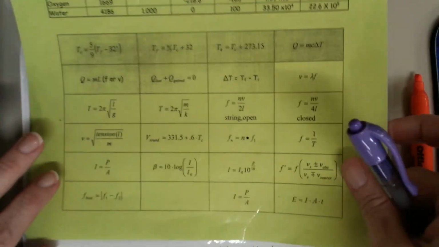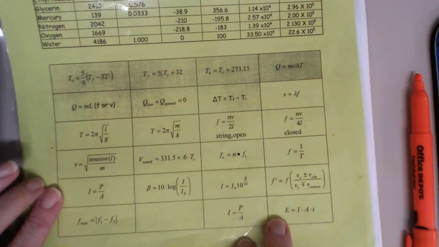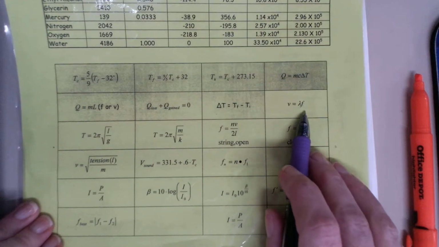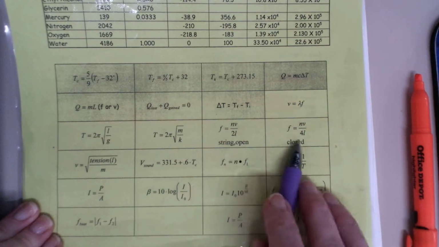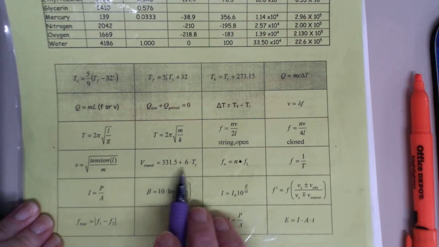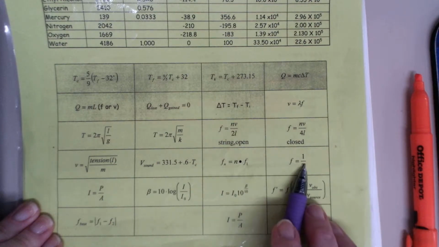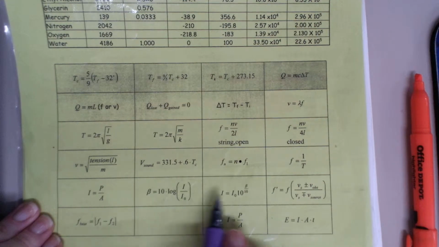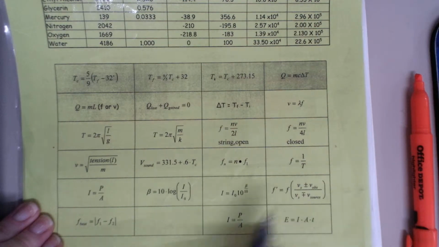So on the back where the heat constants are, all of your formulas for this unit are like that one, that one, and that one. Yeah, so you have a lot of formulas.